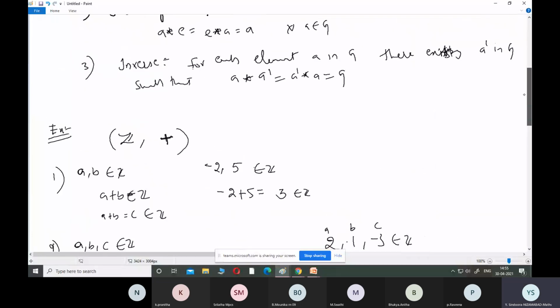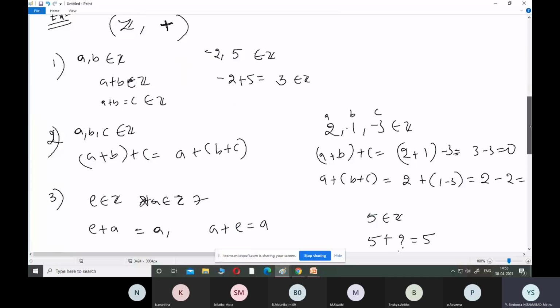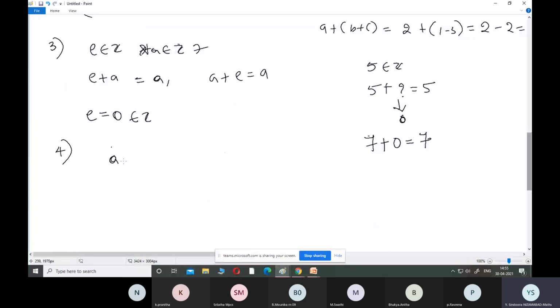For each element A in G, there should exist A dash in G, such that A + A dash should be equal to E for us. For example, if I have taken 3, 3 added with what will give me 0? -3.